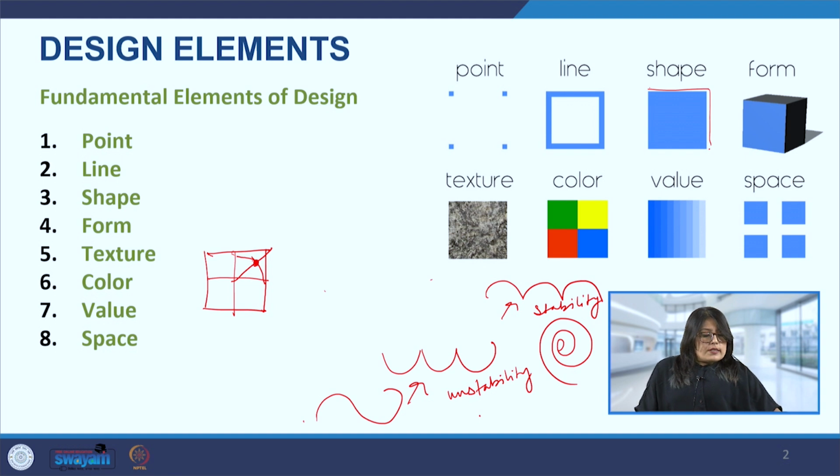Now texture is the appearance of the surface material, and texture can be rough, it can be smooth, and this texture can also change the way we see the visual weight of an item.